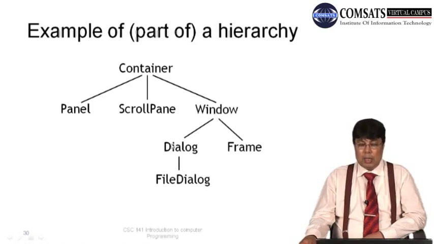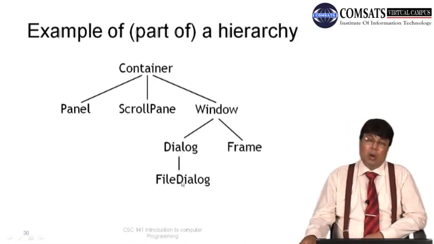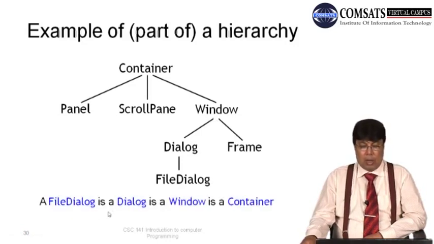Then there are two subclasses, Dialog and Frame. Then there is a subclass called FileDialog. So FileDialog, if you want to create an object, has a class Dialog, then it has a superclass Window, then it has a superclass Container. So a FileDialog is a Dialog, is a Window, is a Container.